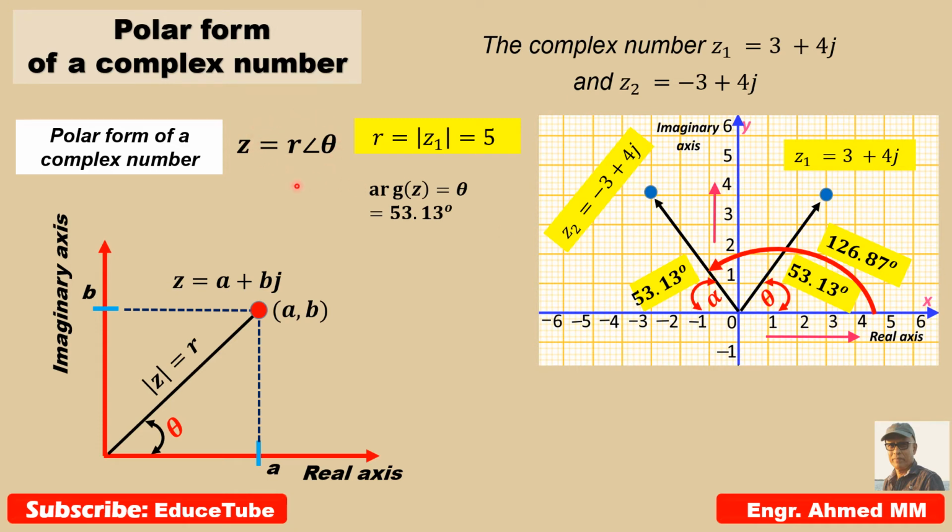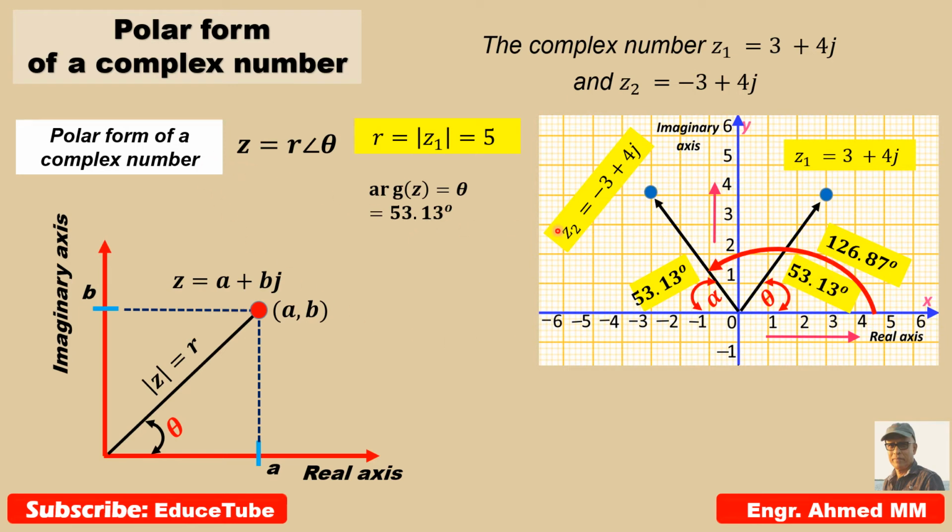Because we need the modulus here also, for these numbers we have to find the modulus. It will be 5, because we know 3 square plus 4 square, then a square root, it will be 5. So what did we get here? We got the modulus for this number, and we also know the argument is 53.13.